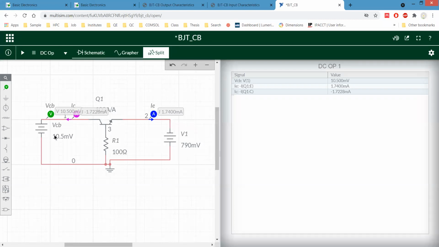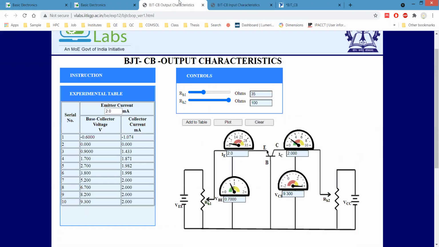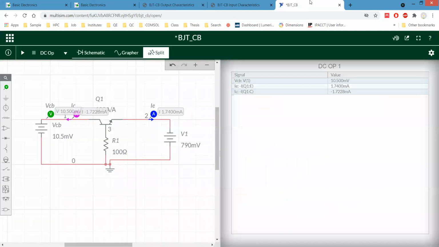If we change the bias, I don't think it will work, because in this case, it is not mentioned here, but the voltage across base collector is positive. Yes, base collector is positive.